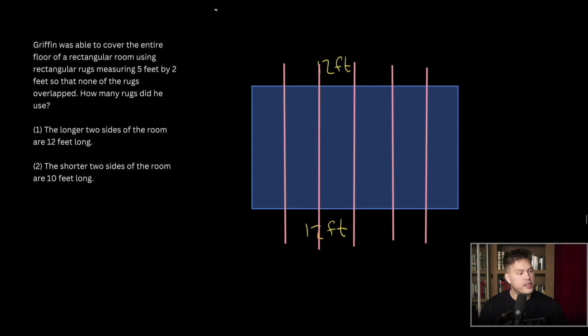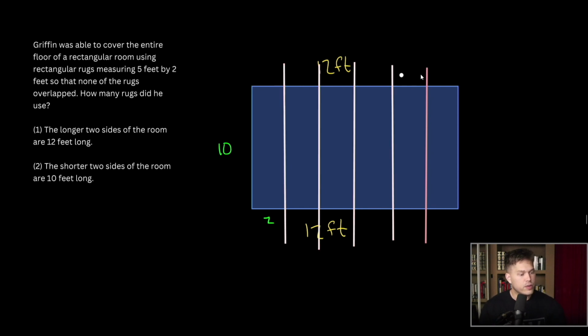So this could potentially be 2 foot by 5 foot, and we could have 6 rugs. Or maybe this is 10 feet and this is split in half and we actually have 12 rugs. So statement 1 alone is not enough information.